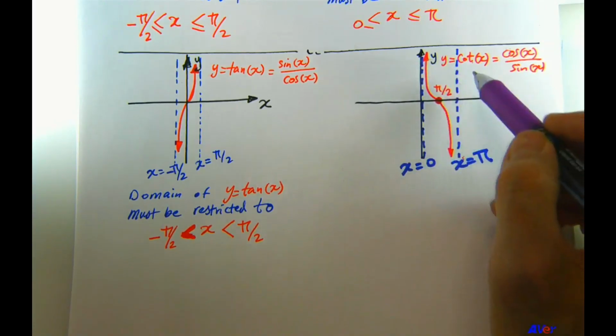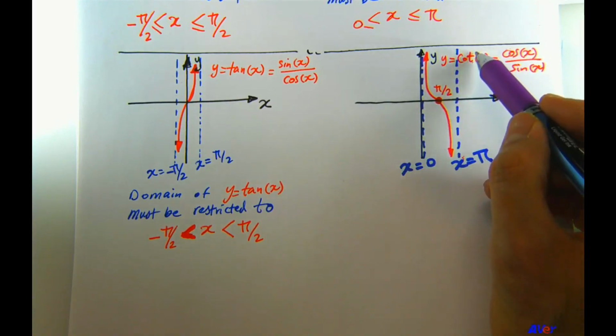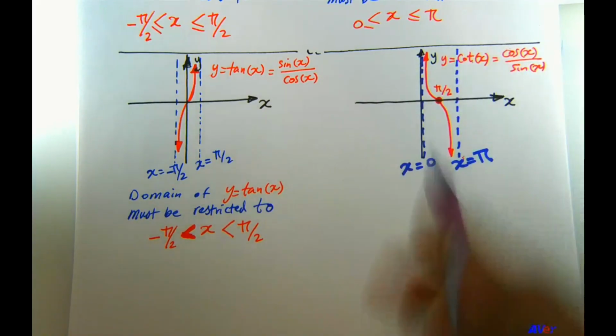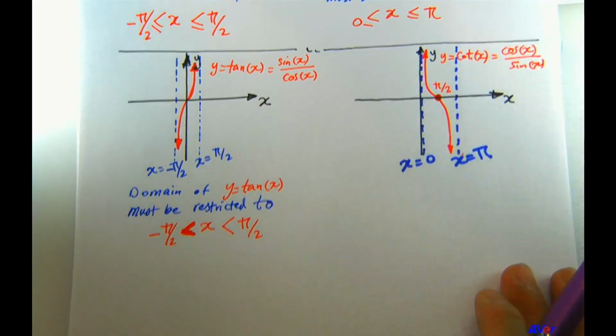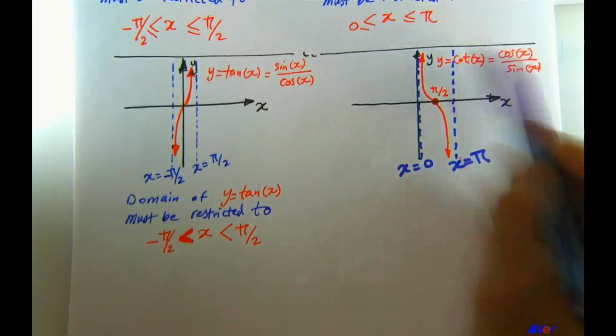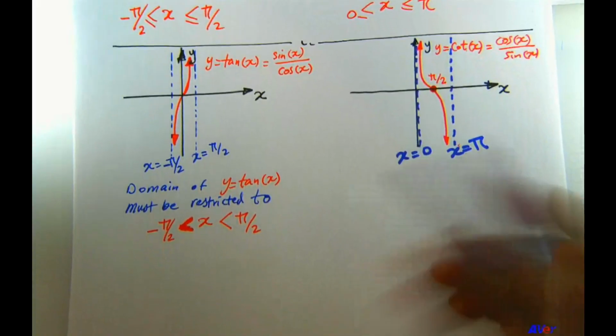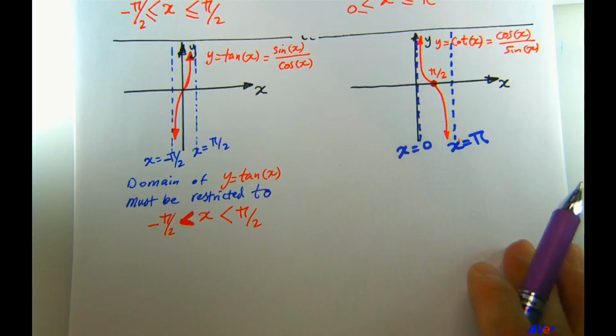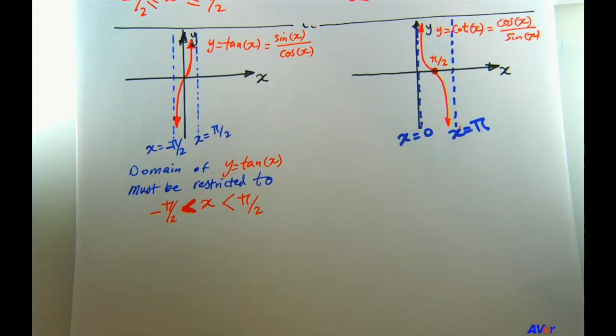In order to draw the full period, we need to draw a piece of the other side here after pi. But we can't. If we do that, we're not going to be able to find the inverse of this. So in order for us to be able to find the inverse of the cotangent function, the domain has to be restricted to x greater than 0 and less than pi. Let's write that down.